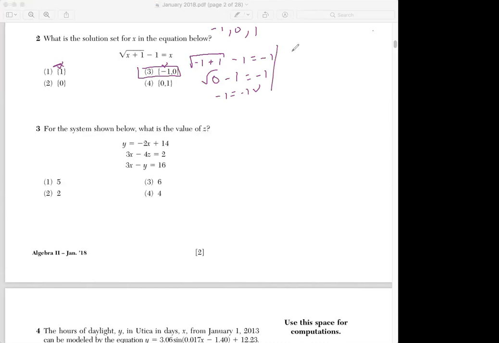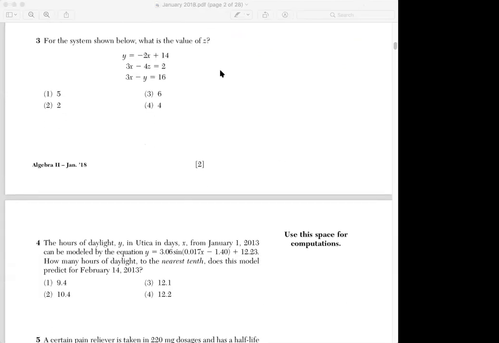Let's just check 0 though. 0 plus 1 minus 1 equals 0. This is the square root of 1 minus 1. Does that equal 0? 1 minus 1 equals 0. So just test taking tricks: it's got to be number 3 because -1 worked, and -1 is only in answer choice 3.